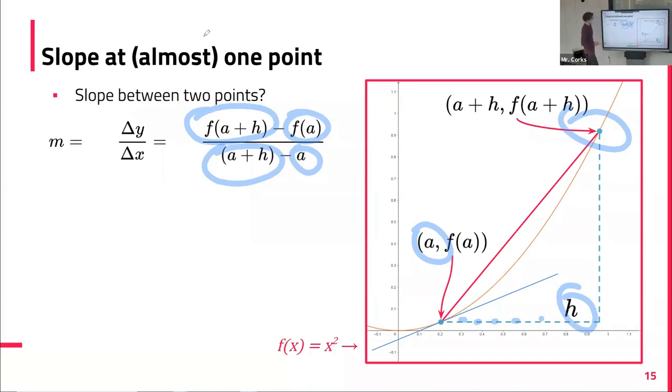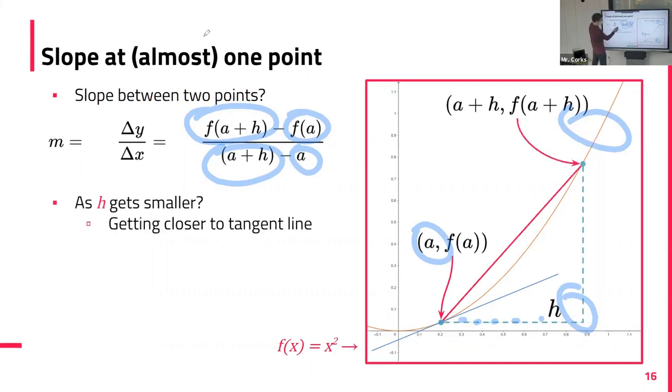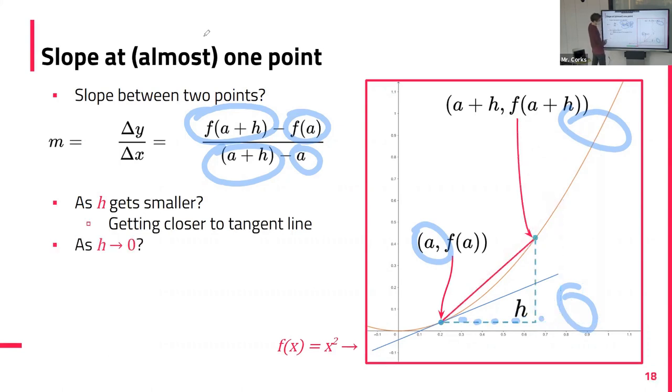Okay. So currently, this red line is a terrible estimate. It's really, really different from the blue line. So what we can do is just take that h and make it a little smaller. And we just slowly move it in closer. So it's getting better. The red line is becoming a better estimate.